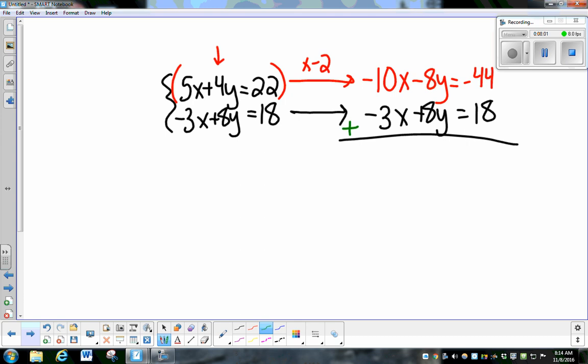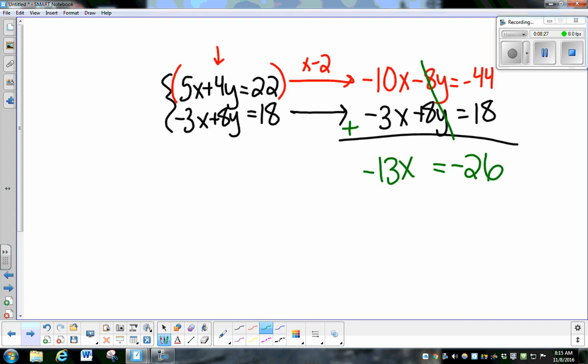We just changed the way the top equation looks. So -8y plus 8y, that eliminates. That is great. So we are left with -10x plus -3x. That's -13x. Equals -44 plus 18, and that is -26.